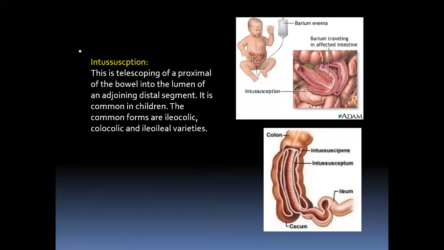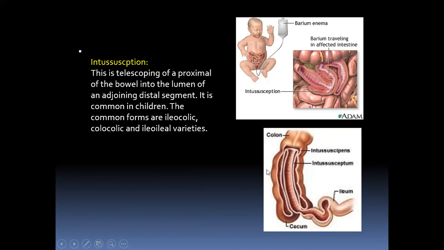Then there is a condition called intussusception, especially seen in children, where one part of the tube enters into the other part. This is called telescoping. You can appreciate it better here: this is the large part, and the small part has entered into it.